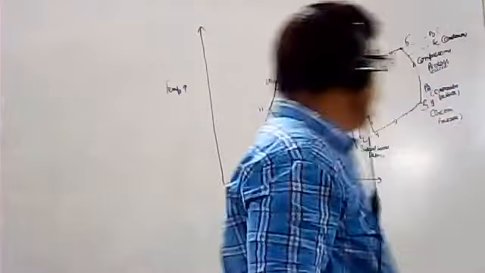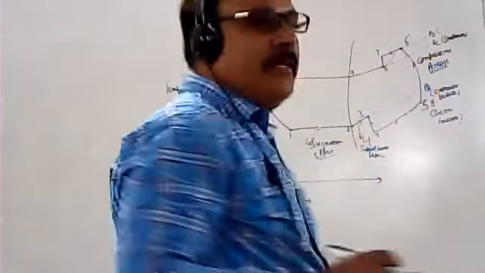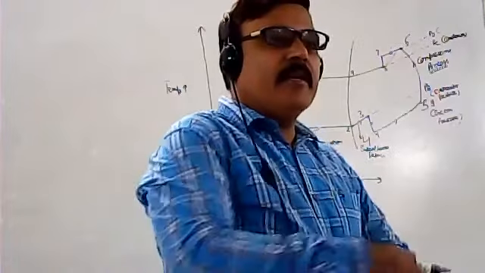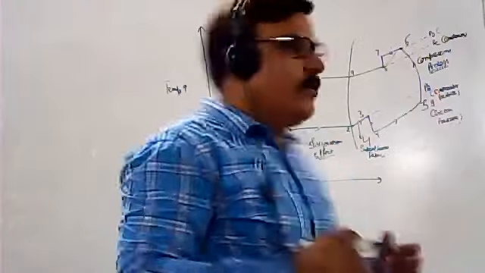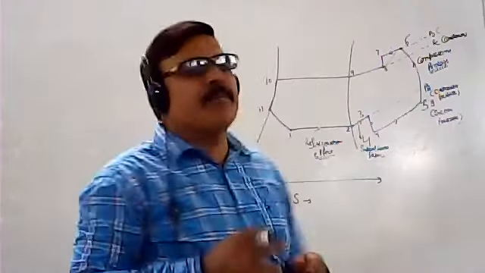I have denoted PD as the pressure at the discharge and PC as the pressure in the condenser. So from 7 to 8 there will be a little pressure drop from discharge pressure to condenser pressure.